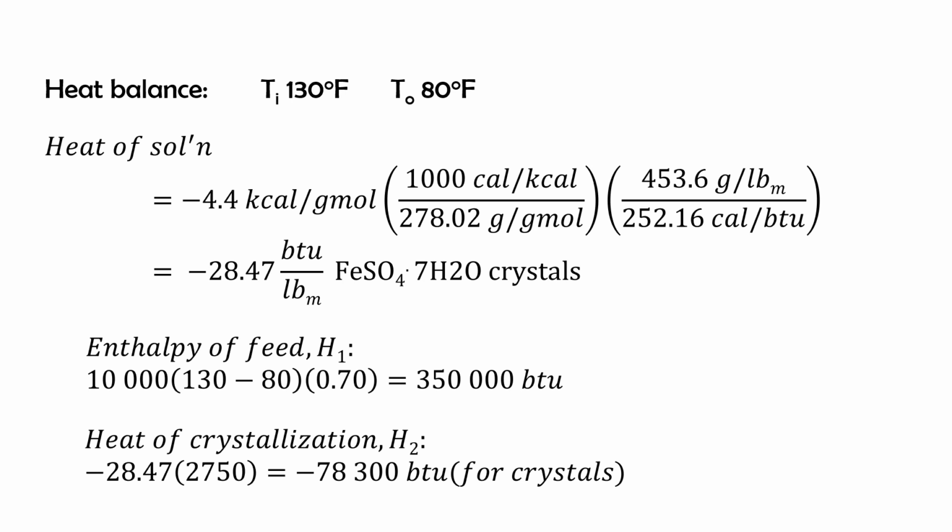Calculating this, we'll have the answer of negative 28.47 BTU per pound mass of ferrous sulfate heptahydrate crystals.